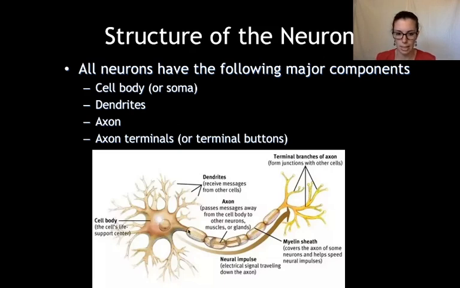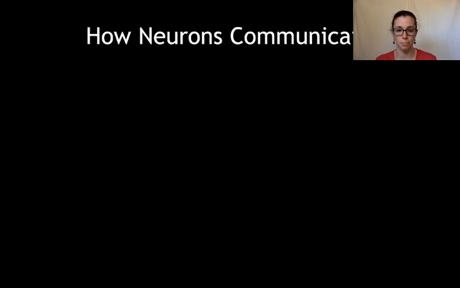If there's myelin, the signal can jump from one gap to the next, and it doesn't have to jump as many times, so it gets to the end more quickly. So it makes our cells more efficient to have that myelin sheath. Okay, so again, you need to know each of these structures and what they do.